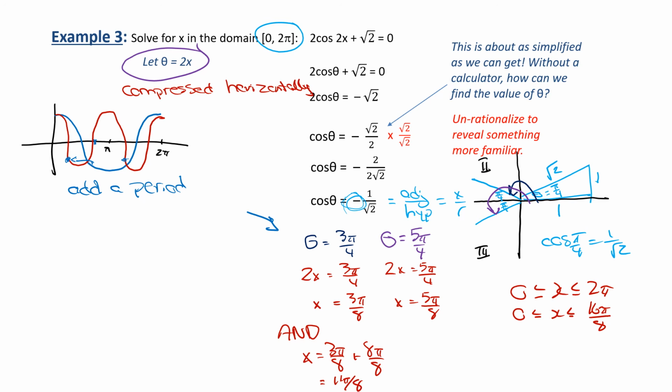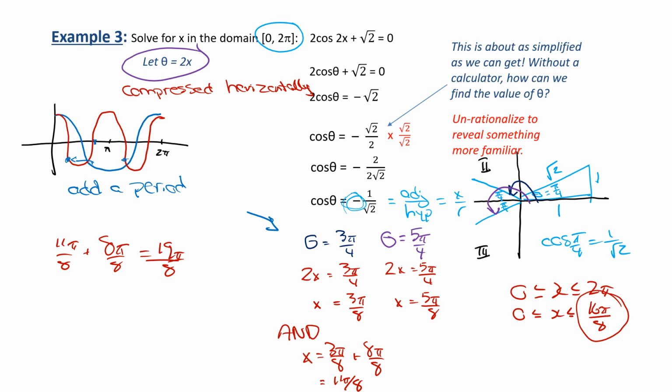Can I add another period on and get another one? Well, if I take 11 pi over 8 and add on another period, that's 19 pi over 8, and that's outside of my domain. Remember, I can only go to 16 pi over 8. I've got 2 waves in this domain, not 3, so I can't keep adding on another period.